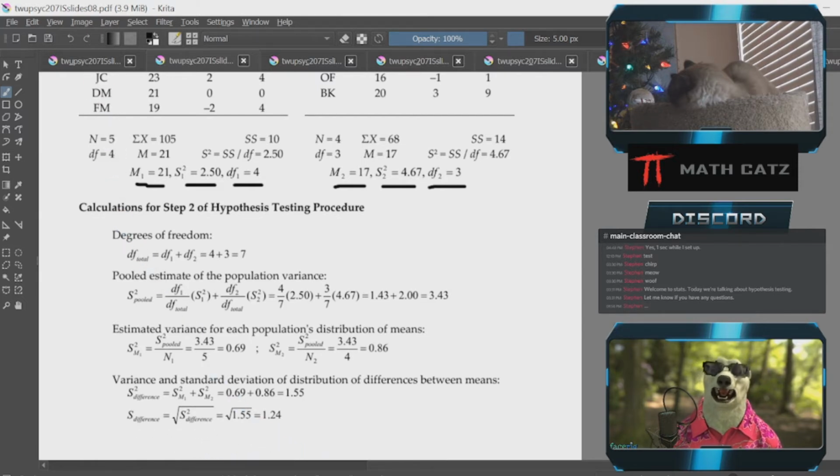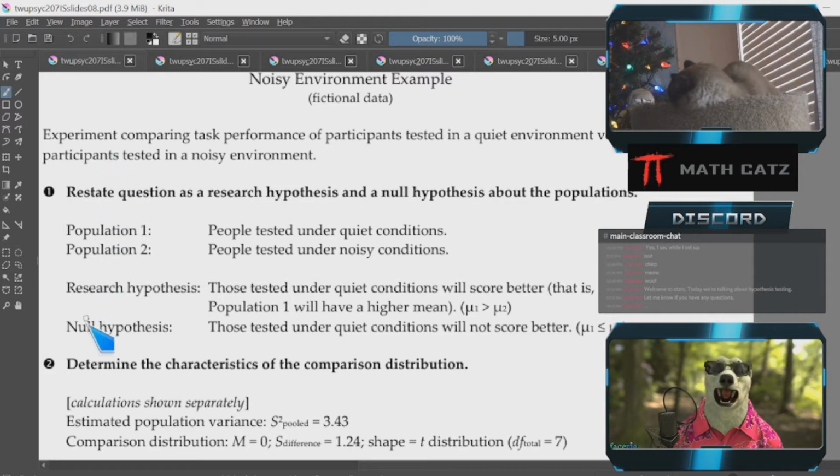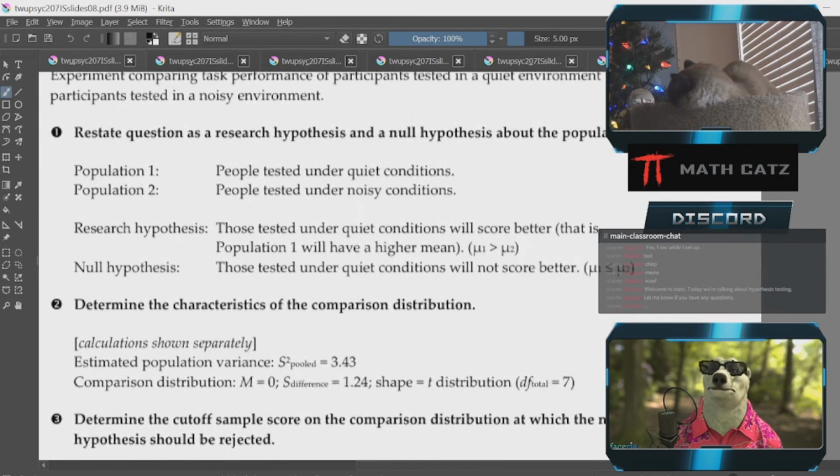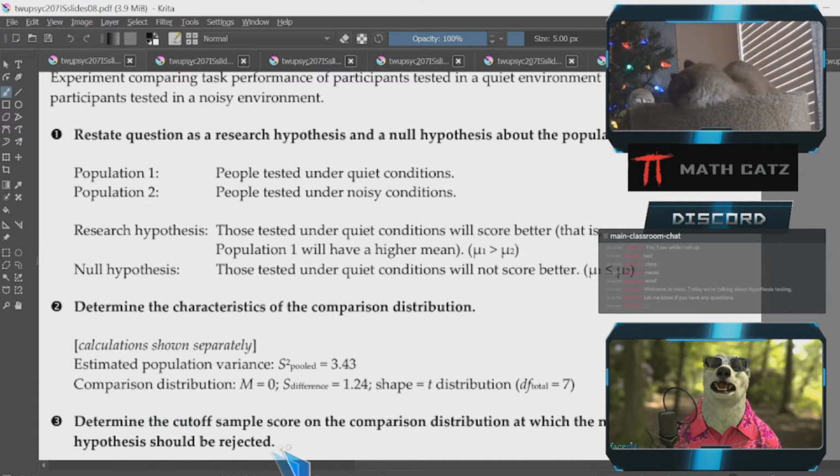Let's go back here to our list. I know it's a lot in the beginning, but it gets better as we go. So before we look at cutoffs or anything, we have to calculate our pooled variance, then go to each group separately again, and look at our comparison distribution, which will assume there's no difference, no change.